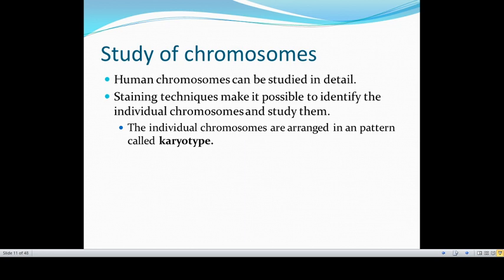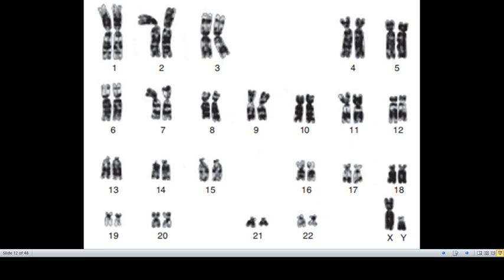Staining techniques make it possible to identify the individual chromosomes and study them. The individual chromosomes are arranged in a pattern called karyotype. This figure shows the karyotype of chromosomes from a normal male.